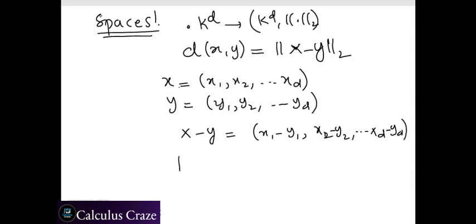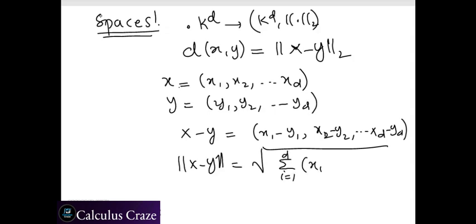And in this case, the norm of x minus y is going to be the square root of the summation, i equal to 1 to d, of (xi minus yi) squared. Is it fine? And this is the distance between two elements, right?